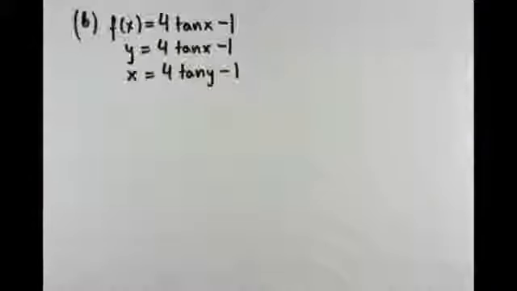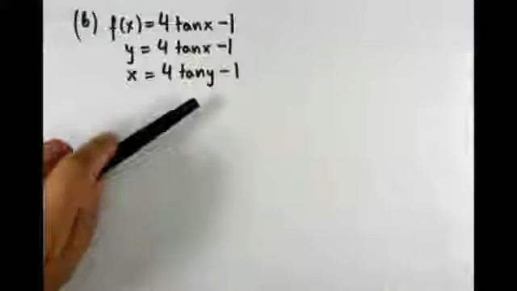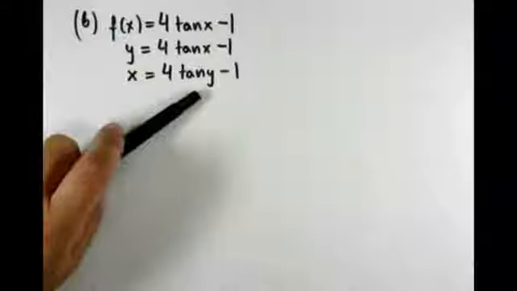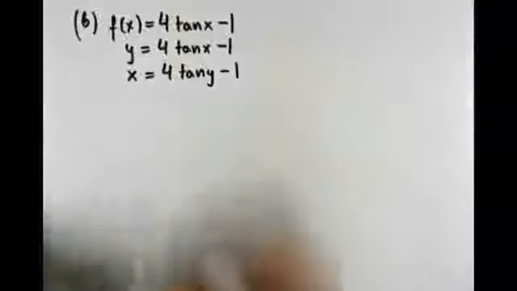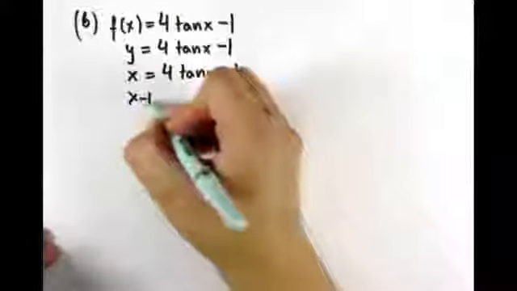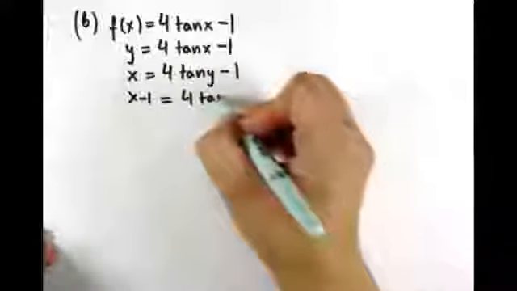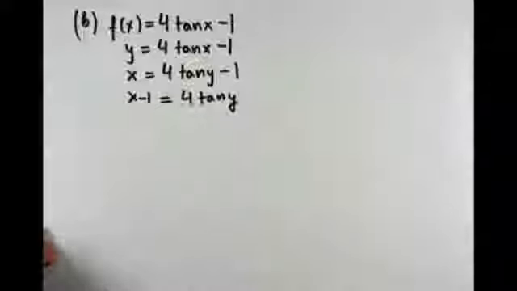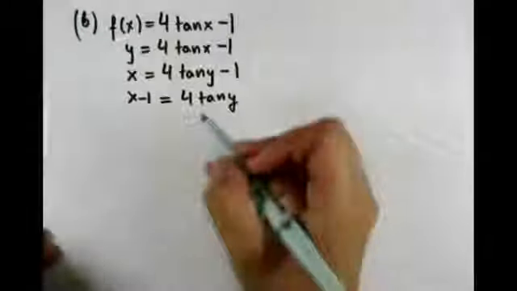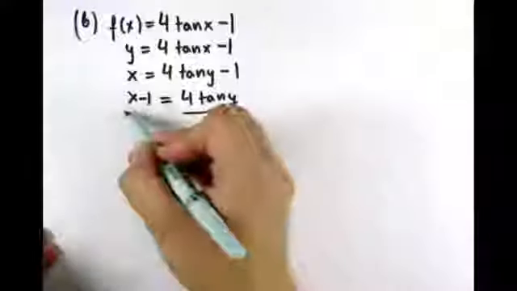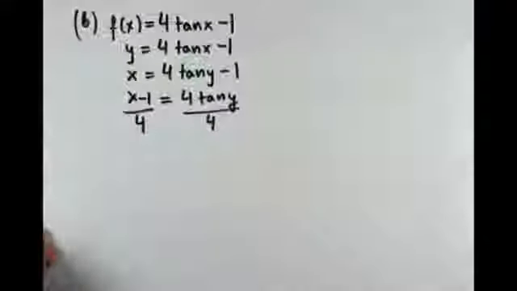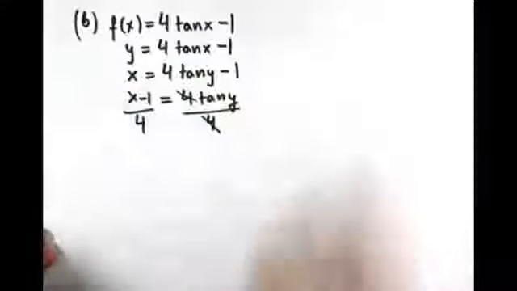And now we need to isolate the tangent. So bring this one over. So I have x minus 1 is equal to 4 tangent y. Now we need to divide by 4. So this cancels out.